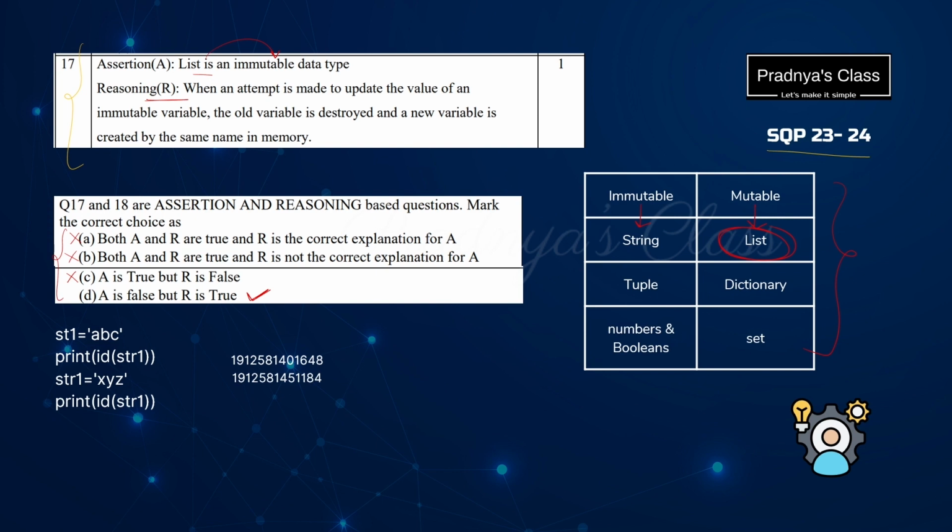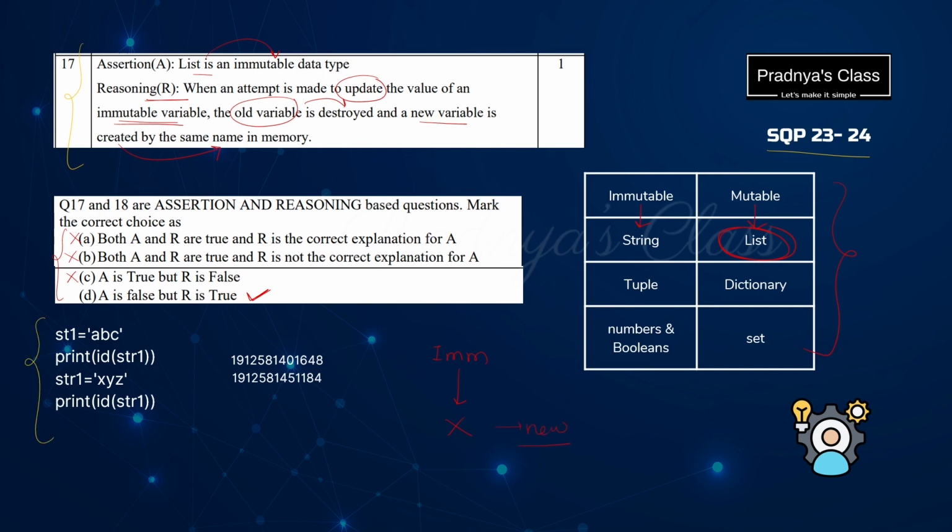When an attempt is made to update the value of an immutable variable, the old variable is destroyed and a new variable is created by the same name in memory. That is actually a definition of immutable data type. We cannot change the content in place. To make this concept clear, look at this example.